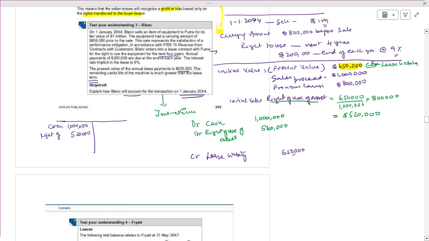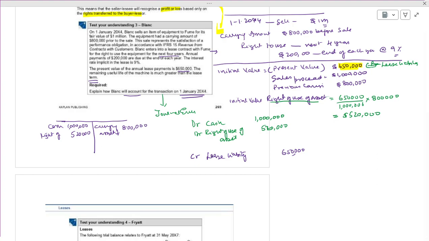Now, you are selling the asset, so the asset value will decrease by the carrying amount, which is 800,000.